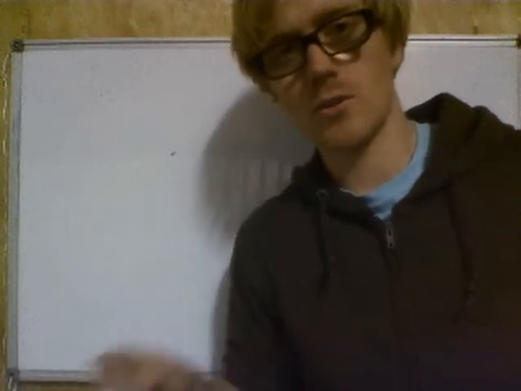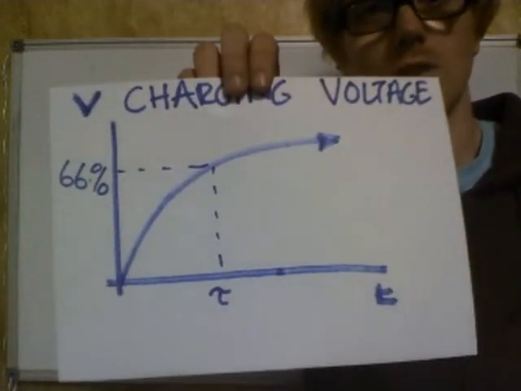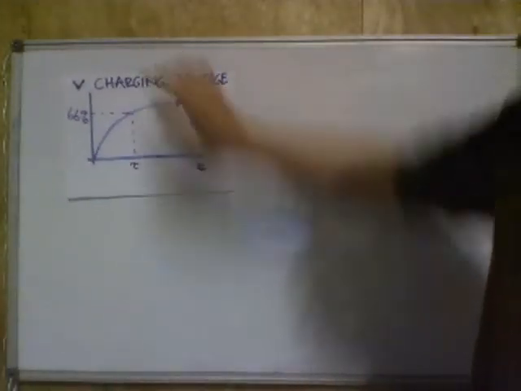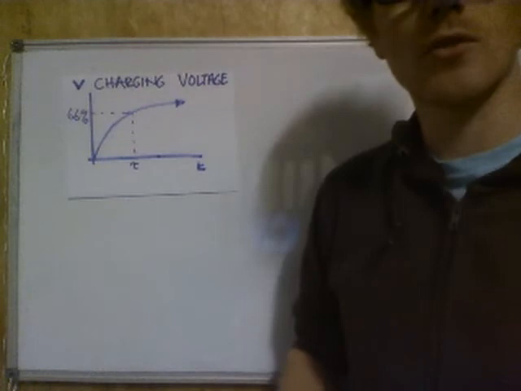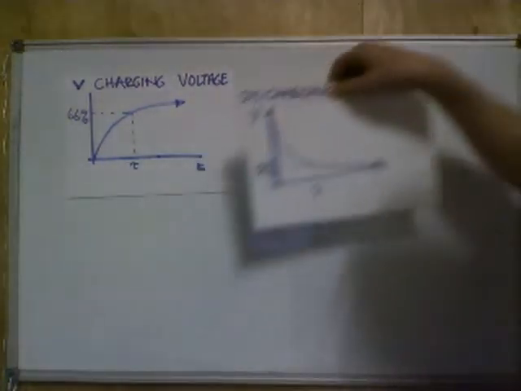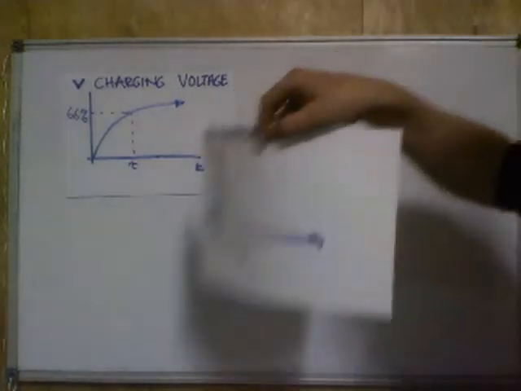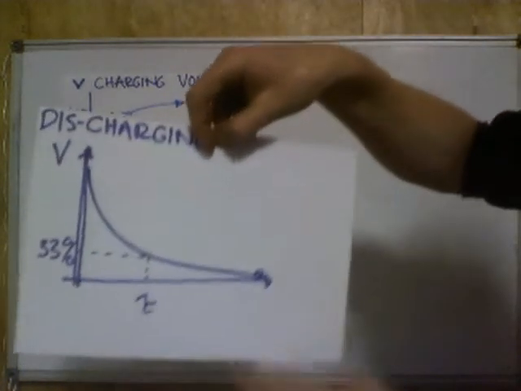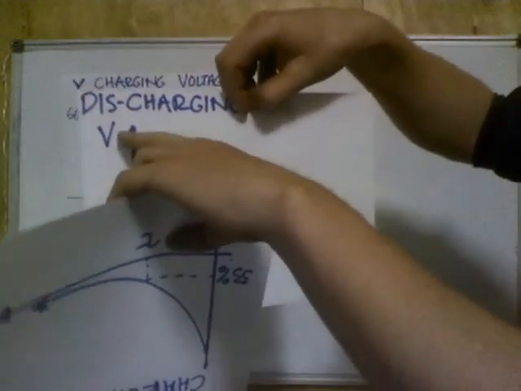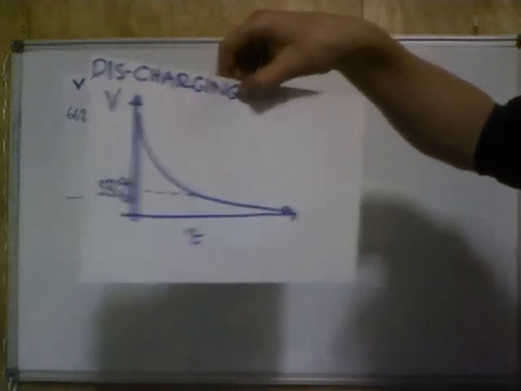So that showed us how the time constant relates to a charging voltage, when a capacitor is charging. But we can also draw graphs that show similar things for when a capacitor is discharging, and the voltage goes from being very high to very low. Time constant is how long it takes for it to discharge 66% and get down to 33% of its original value.